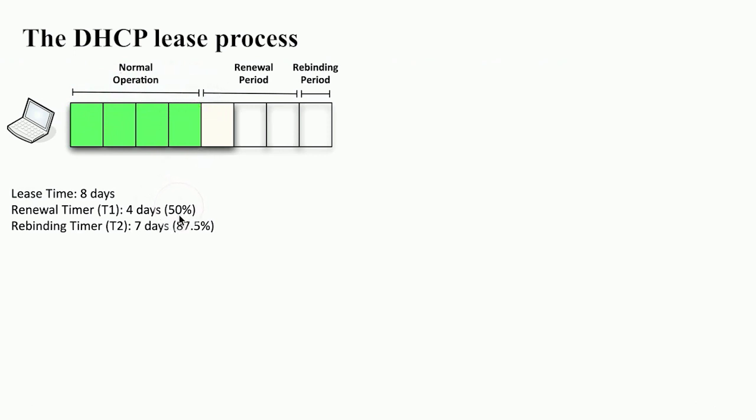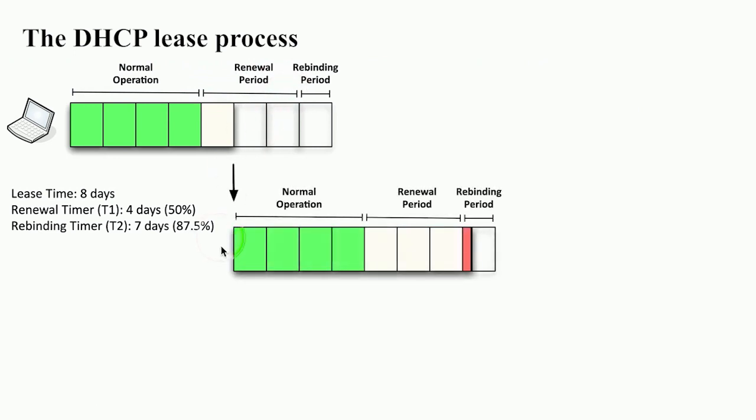Each of these blocks is a day. After the 4th day, 50% of the time has elapsed and the T1 timer has expired. It wants to renew this IP address by contacting the DHCP server and telling it that it wants to renew that specific lease. Once the process is completed, the timer will restart and another lease process will occur.